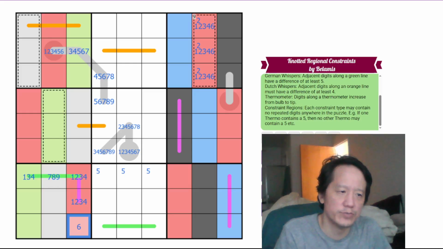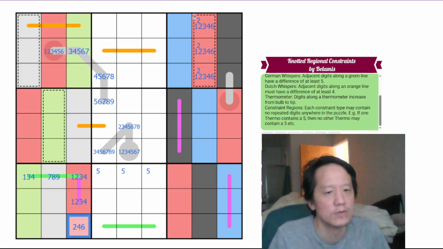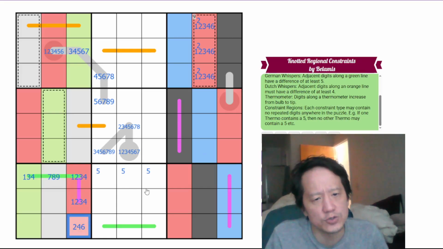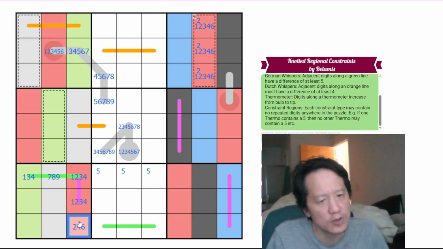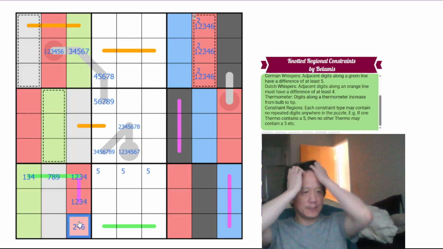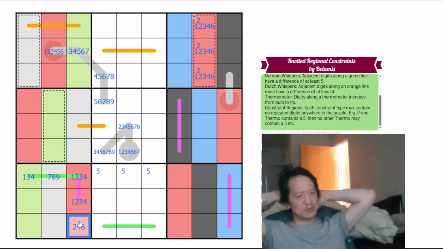Or this could be 2, 3, or... it cannot be 3. It's 2 or 4 here. That's interesting. So the only way this is 7 is if this is 1, this is 2, and this would be 3, so that would be 4. That seems possible.